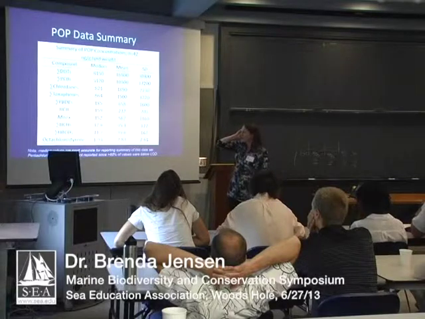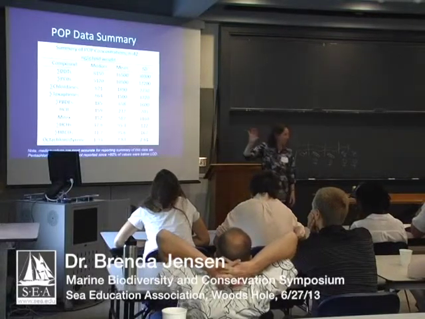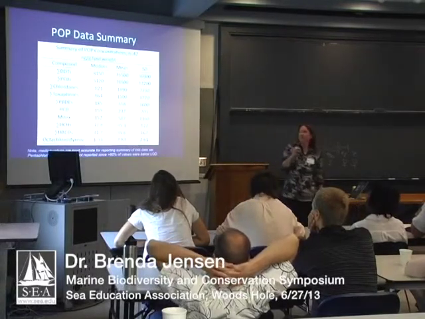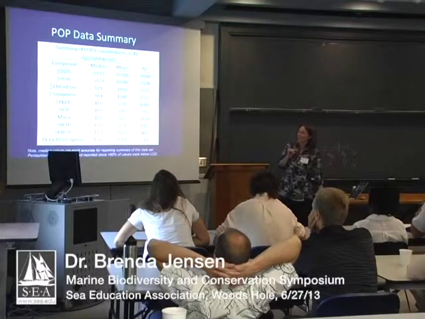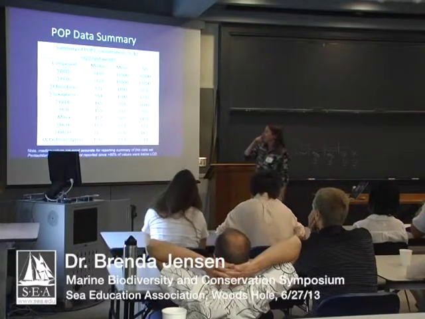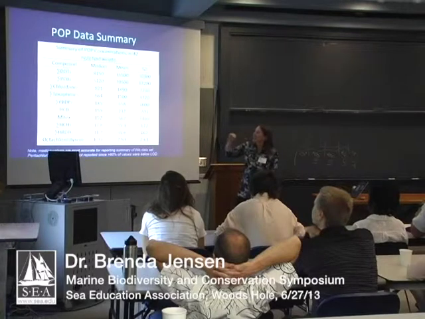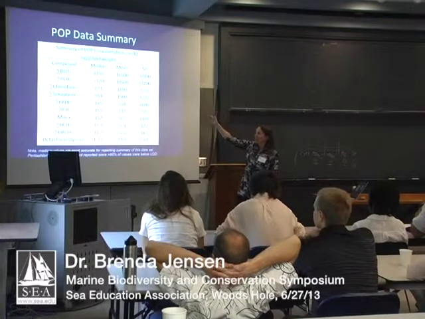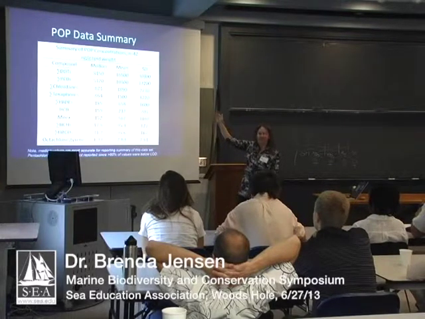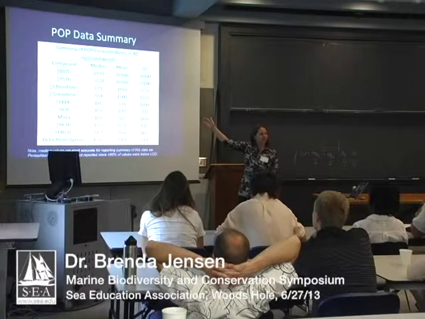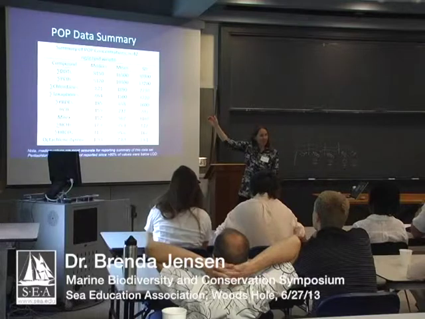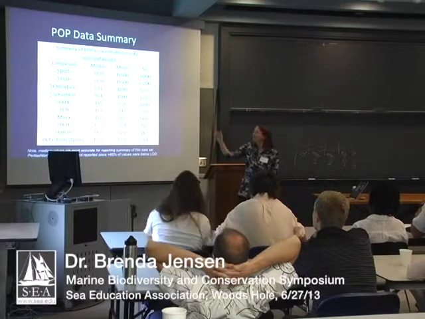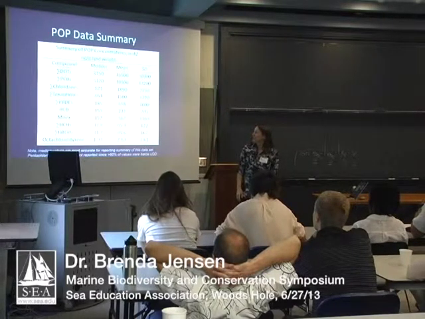It's a terrible figure to show a general audience, but it represents so much work that I have to give credit. You can see that in our Hawaiian marine mammals, these legacy compounds that have been outlawed for 40 years, DDTs and PCBs, still are at the top of the list of those being persistent in our animals, and it's just rather shocking.